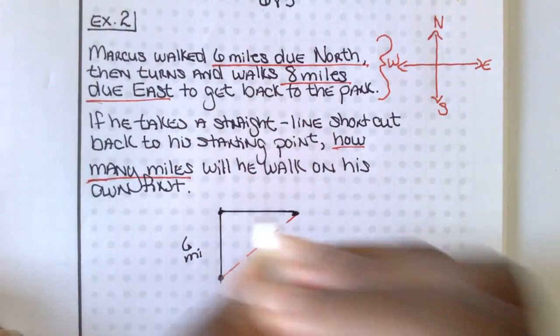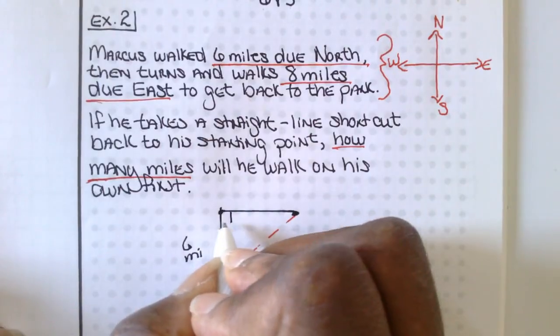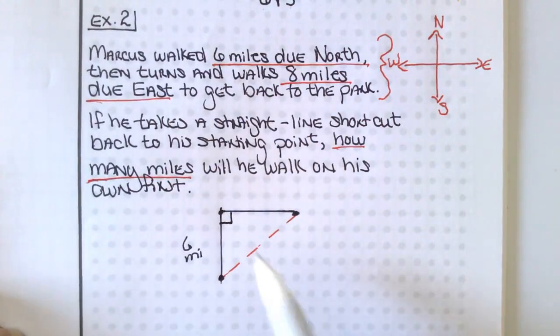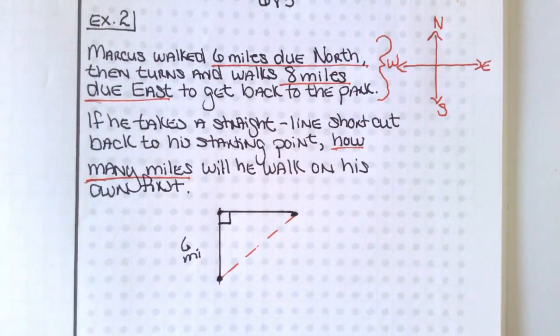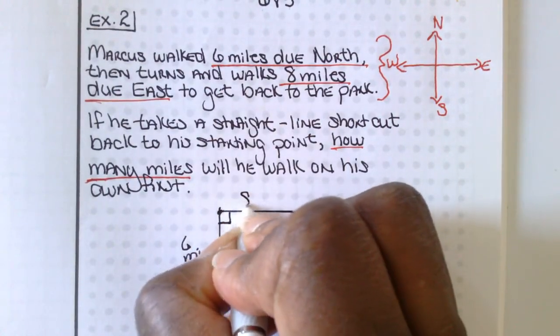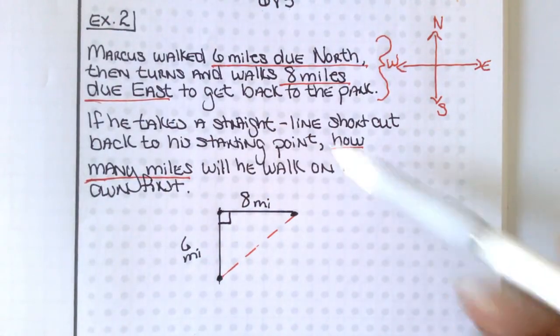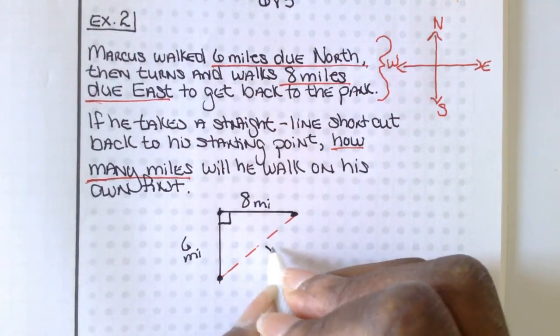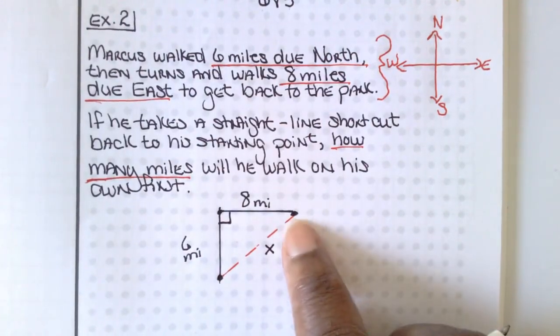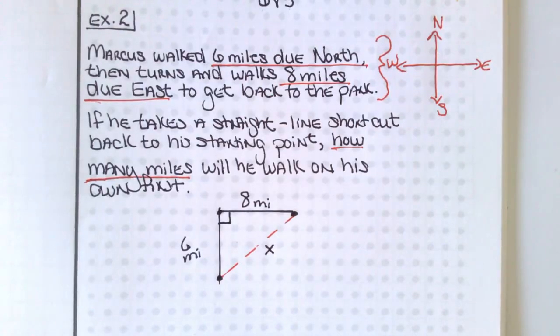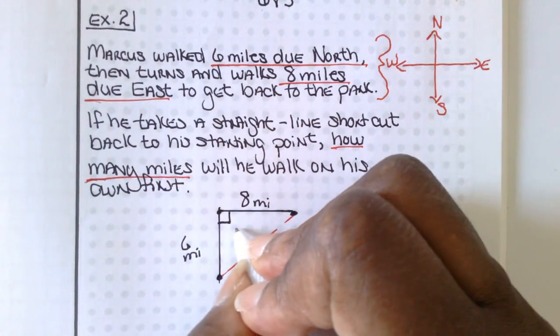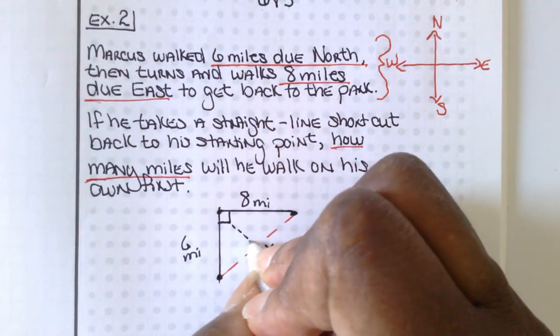So here we go. What you just drew is a right triangle. This right here is supposed to be your 8 miles. So they want to know what this is. As I mentioned before, we're going to look across from that 90-degree angle.